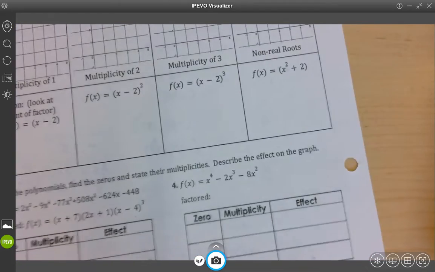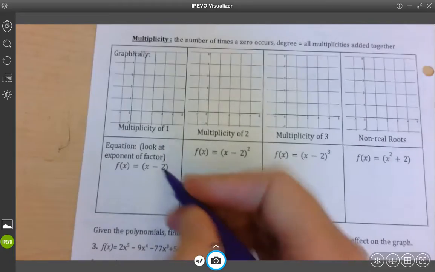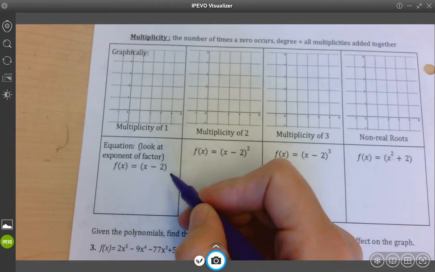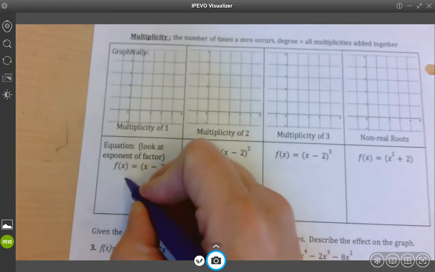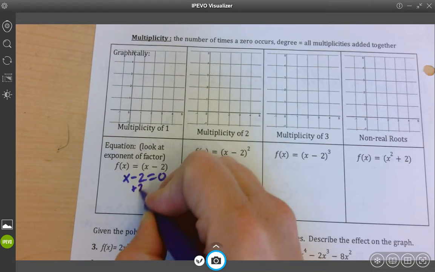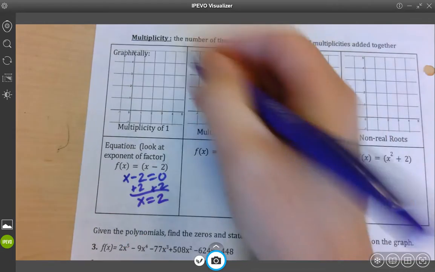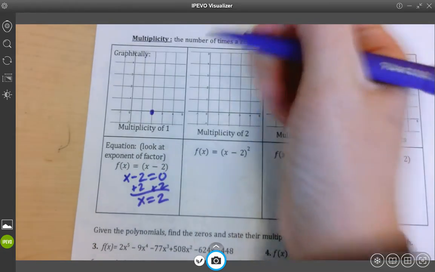Okay, here we go. Multiplicity. So when your factor happens just one time, like this one here, f of x equals x minus 2, you can set that factor equal to 0. And you find that it's going to pass through x equals 2 right here.